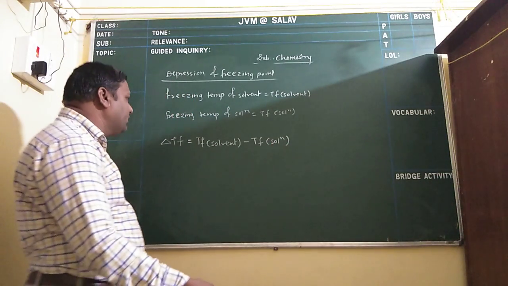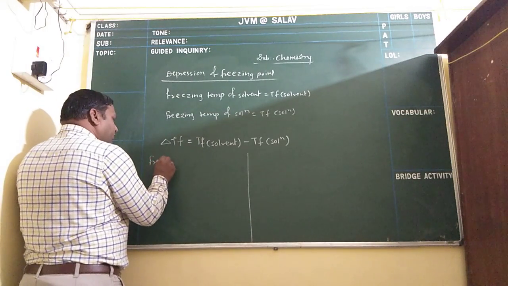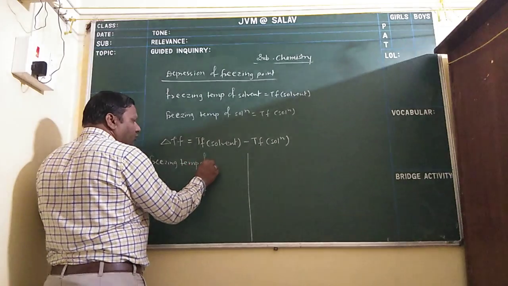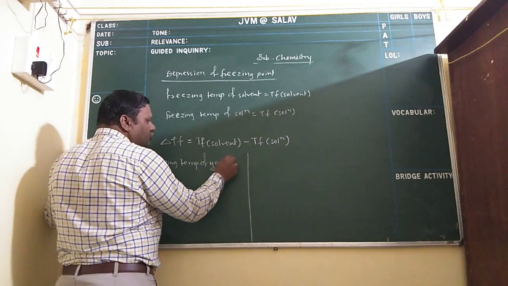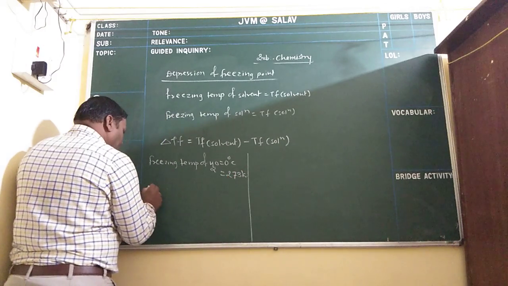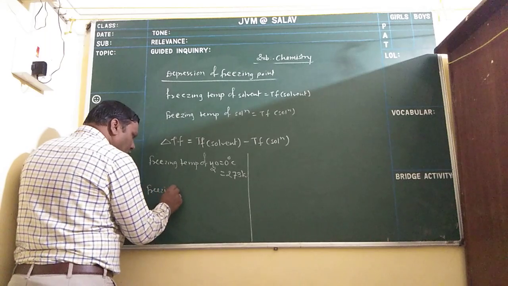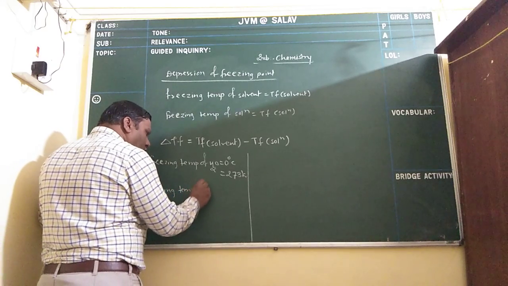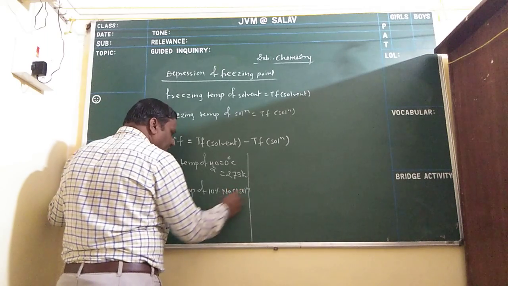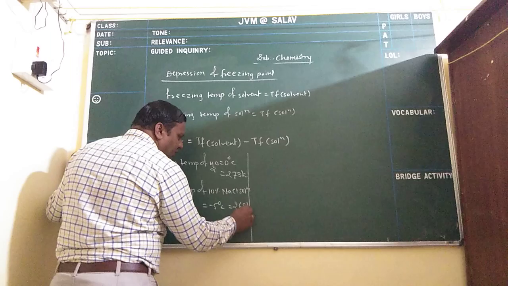Just for example, the freezing temperature of water is equal to 0 degree Celsius, that is 273 Kelvin, and the freezing temperature of 10% NaCl solution is minus 5 degree Celsius, that is 268 Kelvin.